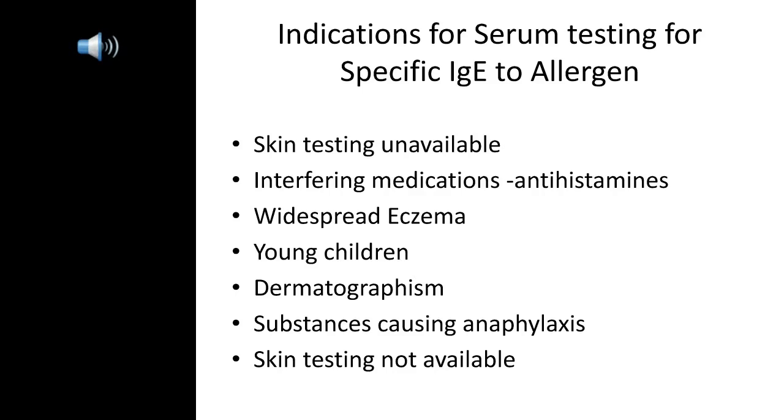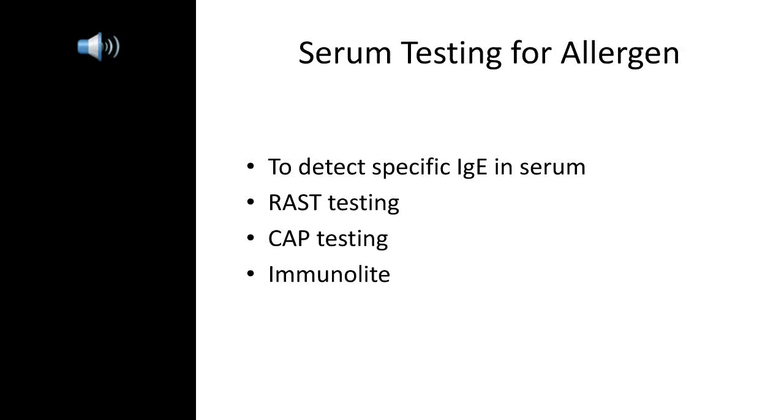And I have to emphasise this because this explains the history of the improvements in specific IgE to allergen, which were sort of done in this clinical context where people did a history, they did skin testing, and then it was felt that in fact with these indications there should be tested specific IgE to allergen.